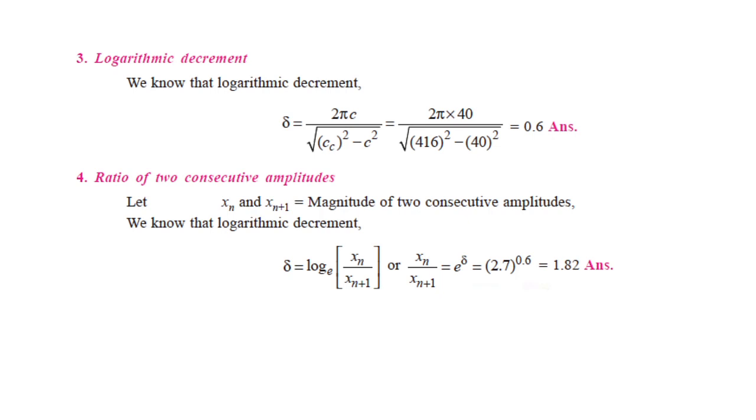Therefore, xn upon xn plus 1 is equal to e raised to delta. Now put the value of e as 2.7 and delta as 0.6, that is logarithmic decrement. Or on the calculator directly you can do the calculation. E raised to 0.6 you will get as 1.82, that is the value of xn upon xn plus 1. The ratio of two consecutive amplitudes you will get as 1.82.